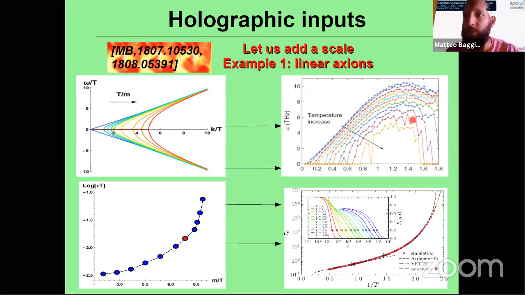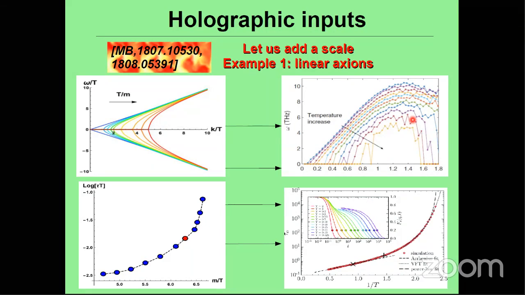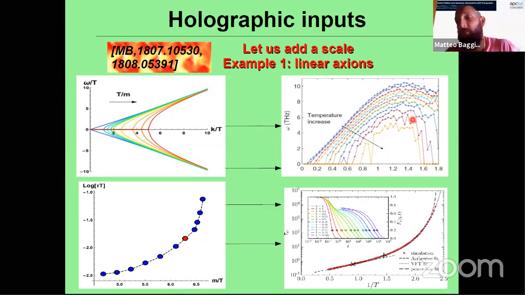So for me, the linear axion model is the equivalent of the Drude model, nothing else. In the Drude model, basically you are putting by hand the relaxation time there. And okay, you can say it comes from bumping, whatever, but it's very phenomenological, right? You don't have a microscopic description of that. Okay, thank you. Welcome.